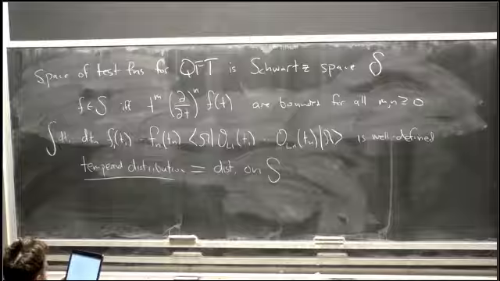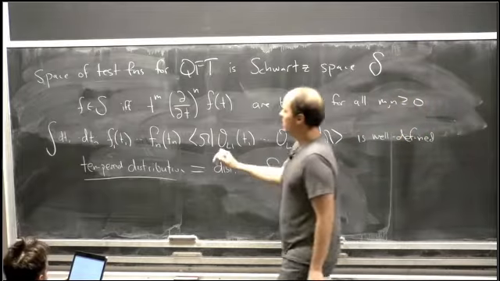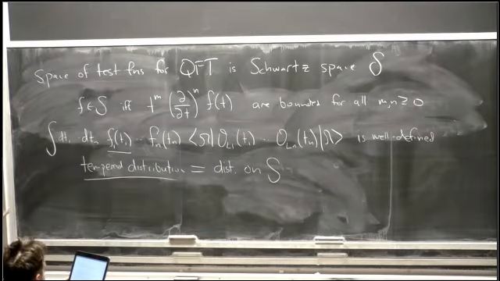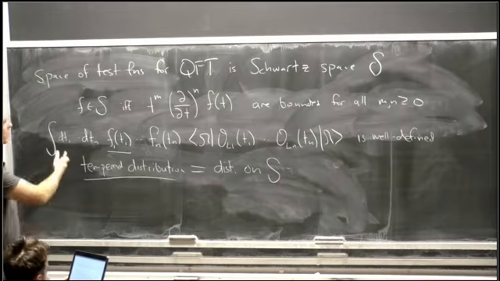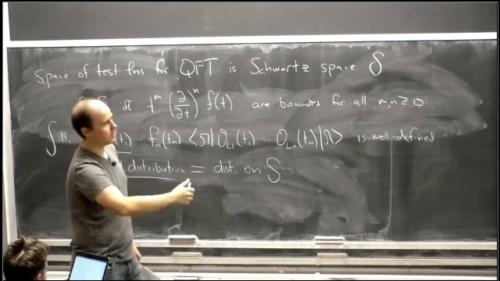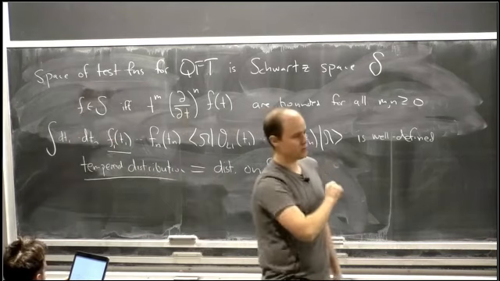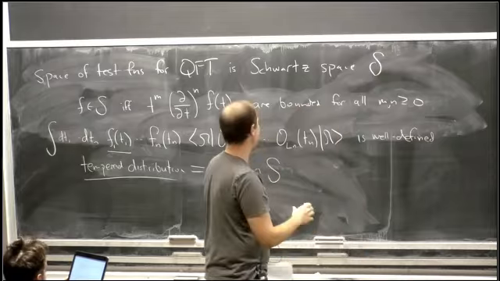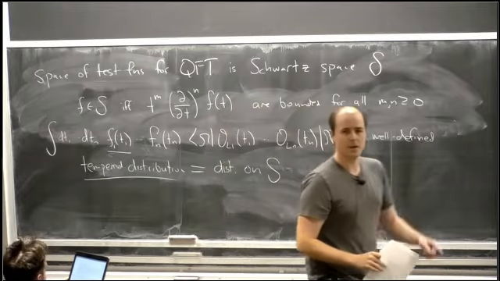In fact, I should say, not only are they well-defined, but if you have a convergent sequence of test functions, then the sequence you get by doing this integral will converge as well. So that's an important part of the definition of a distribution. So not only do you get finite numbers, but the finite numbers behave nicely as you change the test function. Yeah?